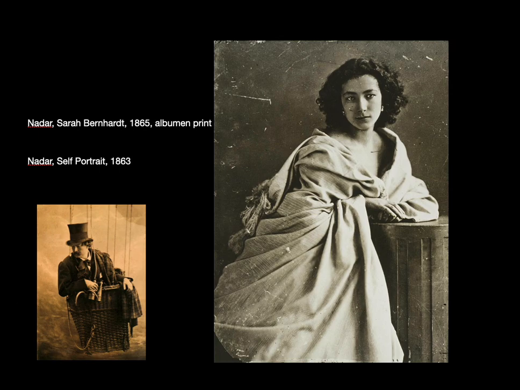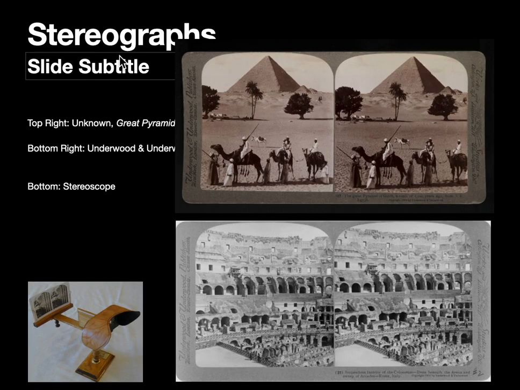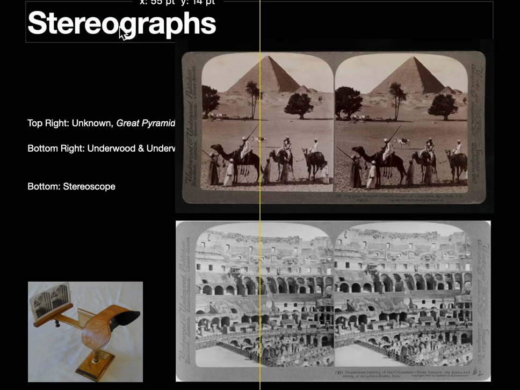We'll also see photographs that are used as souvenirs. And these are called stereographs. Let me scoot this up so you can see it. Stereographs are two photographs printed on the same card, and they're the same photograph. So you can tell, right?